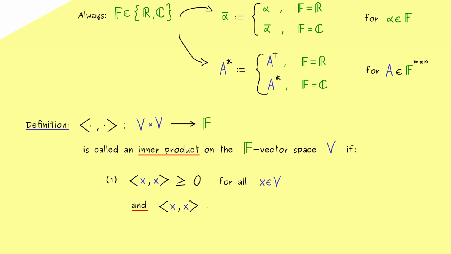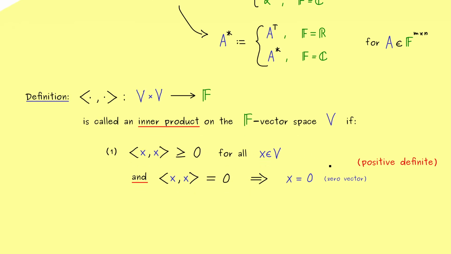Hence, the only case that the length can be 0 is for the 0 vector. So we also claim this implication, if the inner product like this is 0, we get that x is equal to 0. And as always, please note, here we have the real number 0, and here we have the 0 vector in V. Now, this is the first property of the inner product, and you can remember that as the inner product is positive definite. And indeed, it means both claims here together.